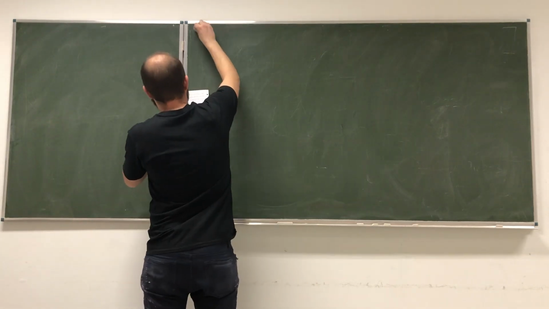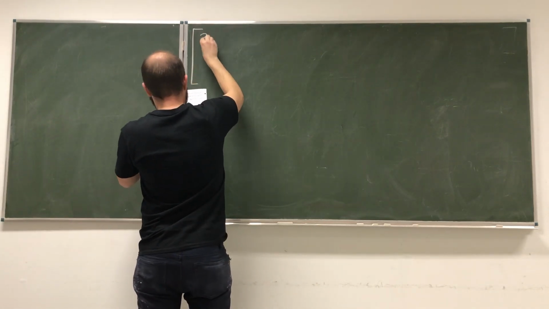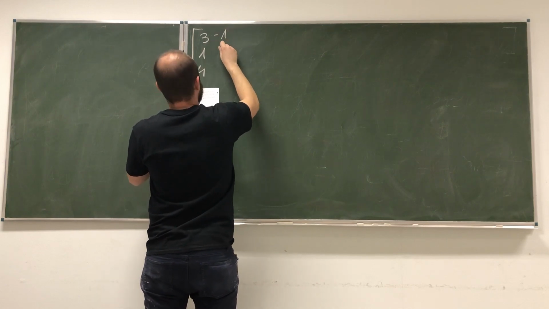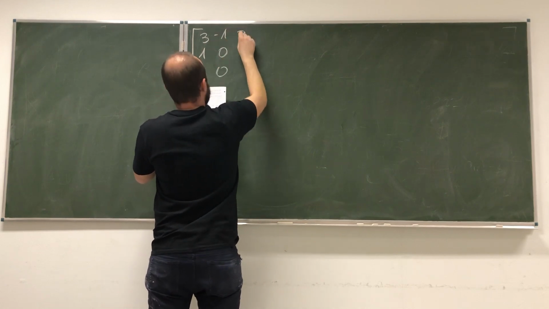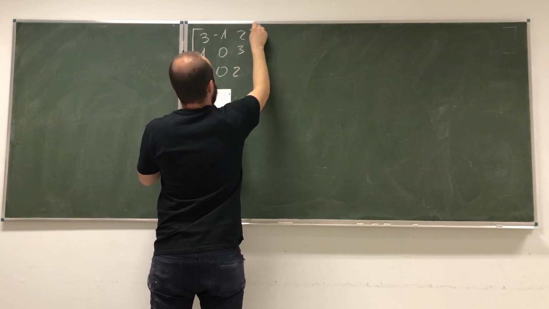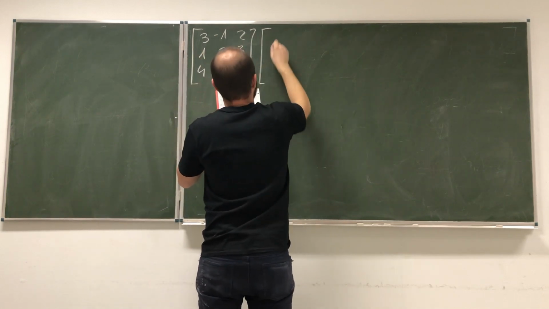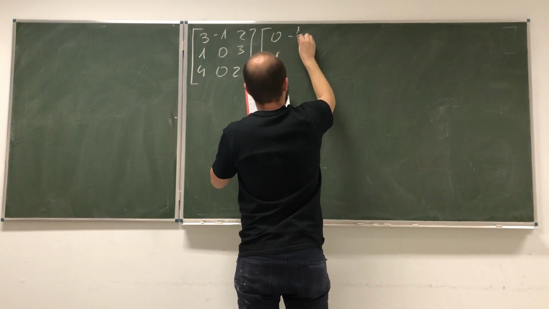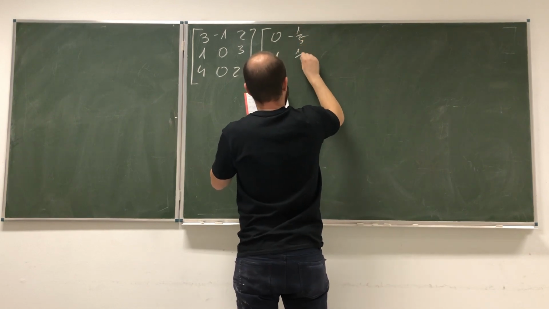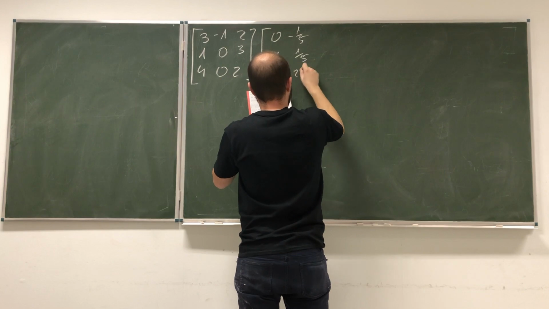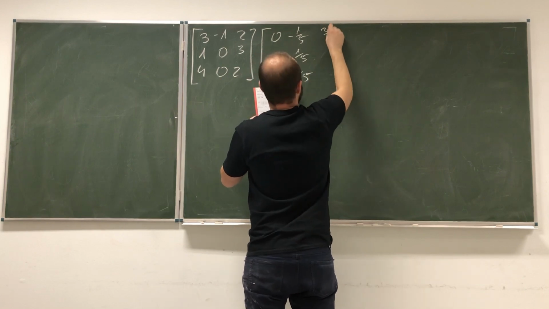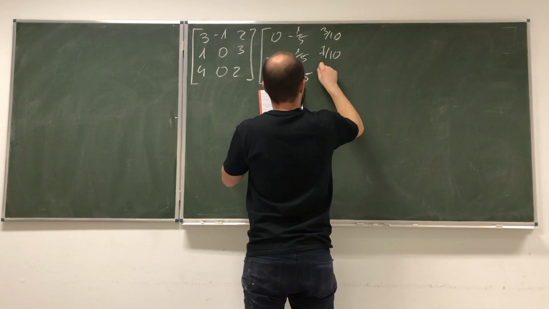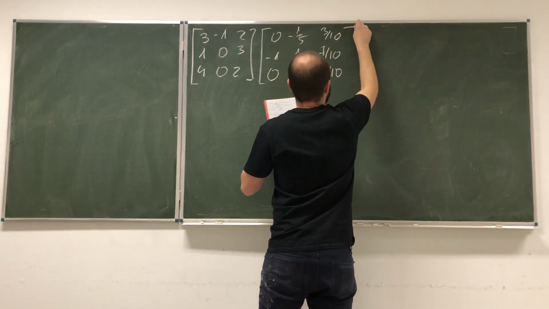So we've got now matrix 3, 1, 4, negative 1, 0, 0, 2, 3, 2, and matrix 0, negative 1, 0, negative 1 over 5, 1 over 5, 2 over 5, 3 over 10, 7 over 10, and negative 1 over 10.